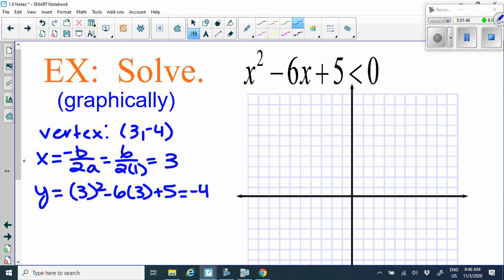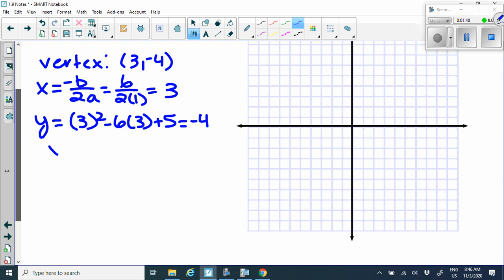Now we're going to do our xy table. So we have 3, negative 4. Make sure you pick two x values that are smaller and two x values that are bigger. So smaller we have 2 and 1, and then we have 4 and 5. Once again, just plug these into your function.